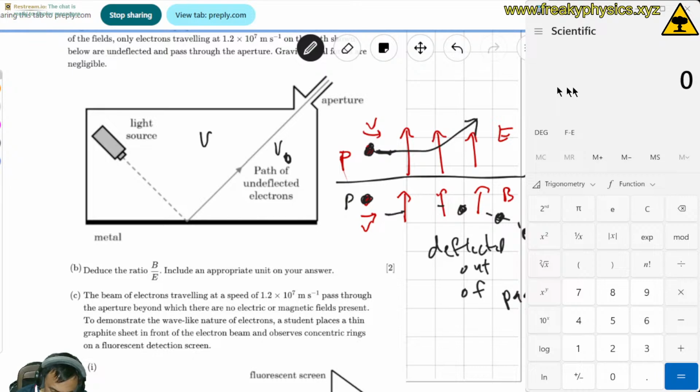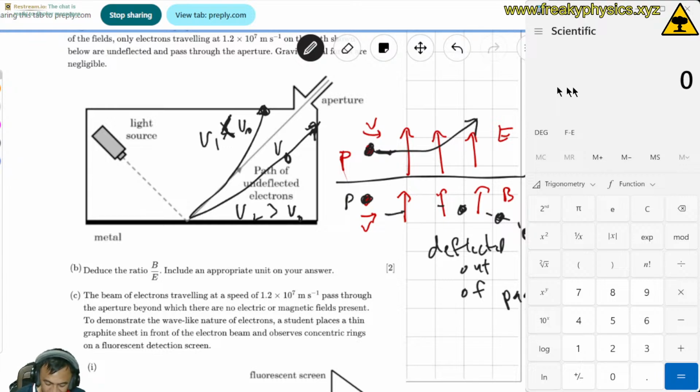Now, if I have a v1 that is smaller than v0, and a v2 that is larger than v0, the effect would be that they curve a little bit like so. I'm not really sure which one is which, but they will have different curves. Only at that perfect speed v0 will it move in a straight line. All right, so that's the idea.